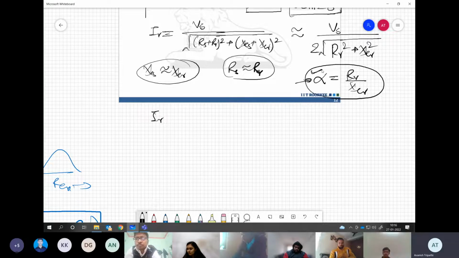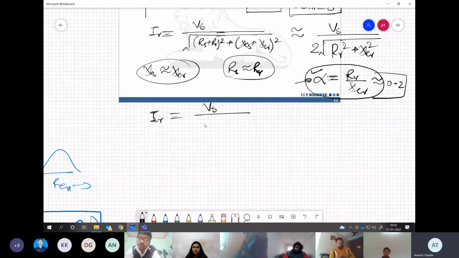In all the derivations this will occur, or this will repeat itself again and again, so be a little bit watchful wherever it is coming. And the value we know is something close to 0.2. So then we can have a very good estimate of what current we are going to see. Then we have Vs divided by 2 XLR, and in the square root we have 1 plus alpha square.